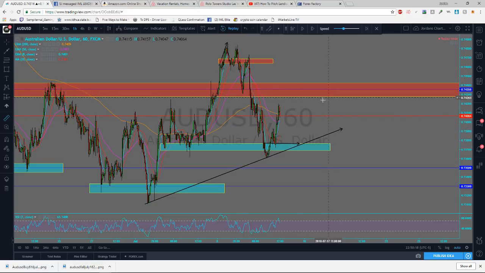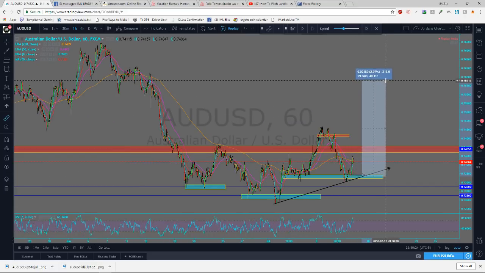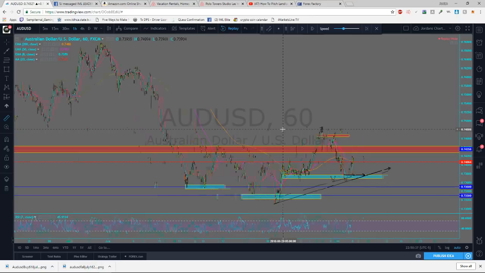Another 4-to-1 trade. Maybe you're looking long term for that biggest move to the 75 where we thought it was going to go. Maybe 75.5, maybe 76. You just look at past structure and decide where you want to go for.